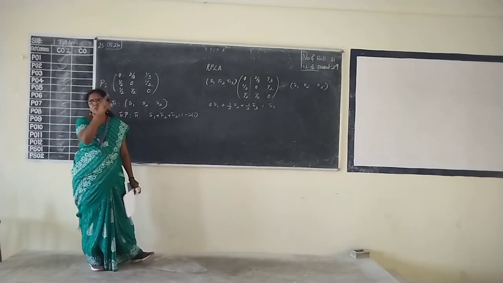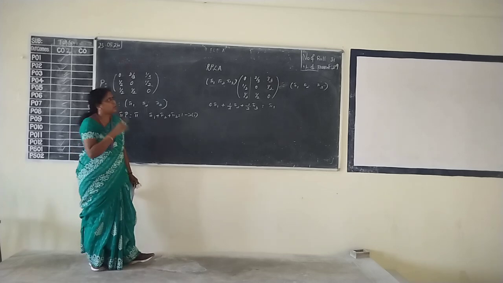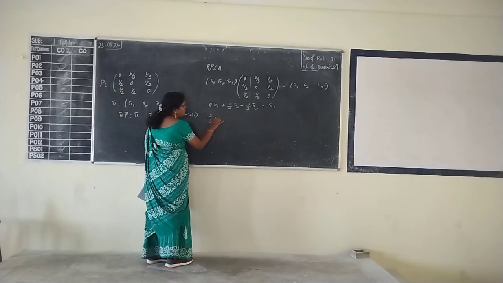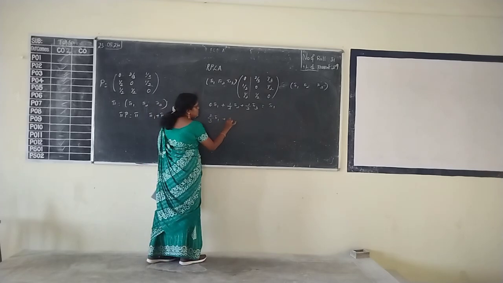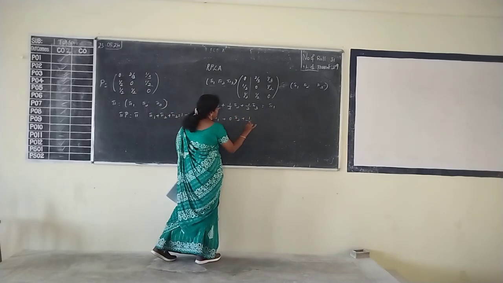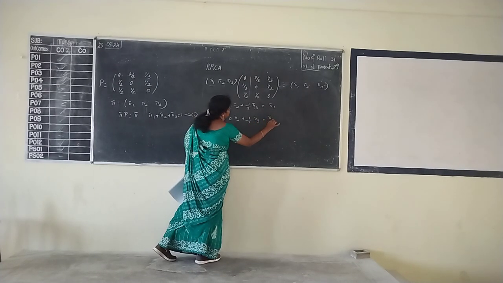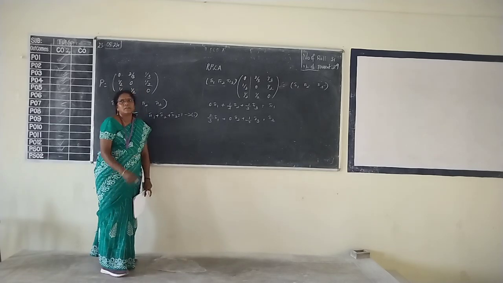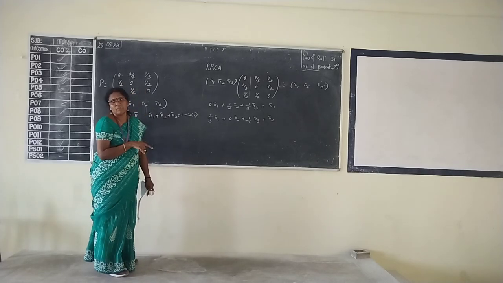Now first row into second column. Multiply with the second column, what will you take? 2 by 3 pi 1 plus 0 pi 2 plus 1 by 2 pi 3. That should be equal to pi 2. Now row into the third column, the last column.